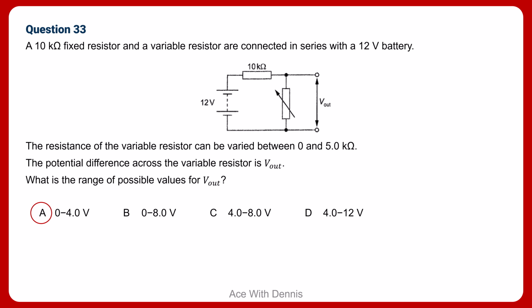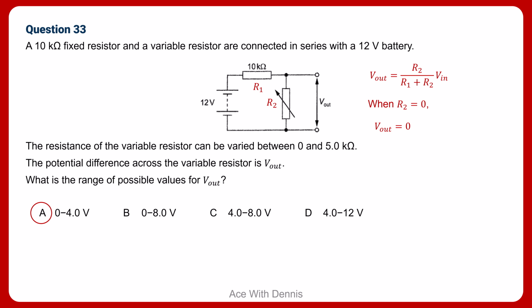So let's label the 10 kilo ohms fixed resistor as R1 and the variable resistor as R2. Using the potential divider formula, Vout equals R2 over R1 plus R2 times Vin. Now to calculate the range of Vout, first we choose the smallest value of the variable resistor, which is R2 equals 0.